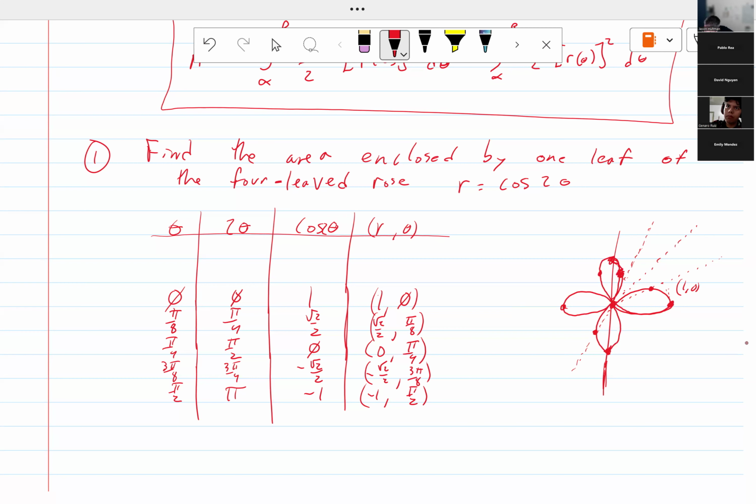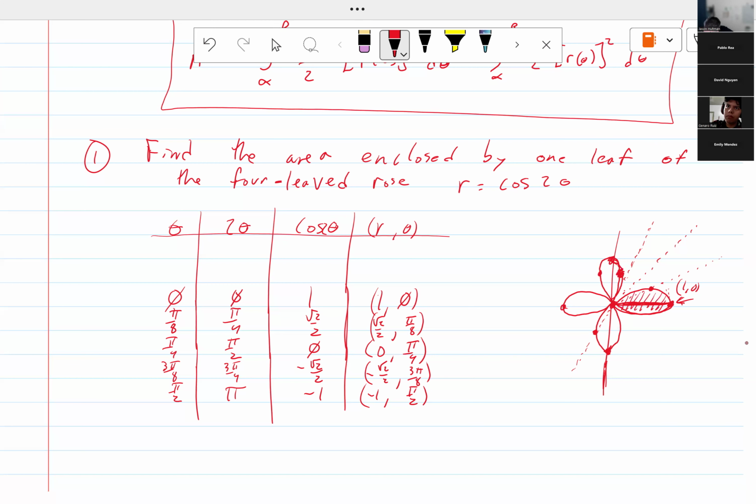Okay, so I have to choose how to get one of them, and I've got to choose the area, maybe in just one of these. Well, the problem is that I started off at 0. I started off right there, and it gave me the top half of this petal, the leaf of this rose. How would I get the bottom half?